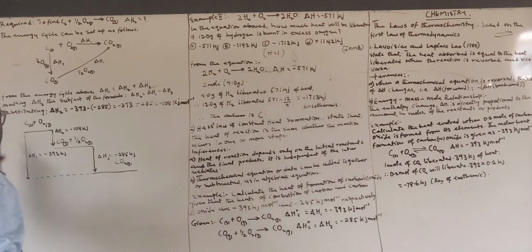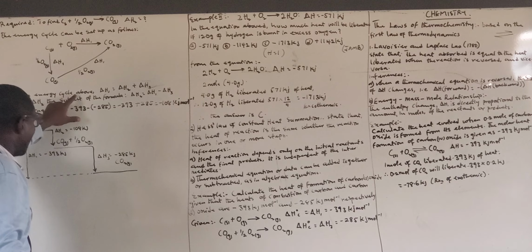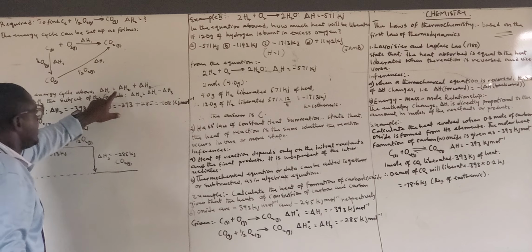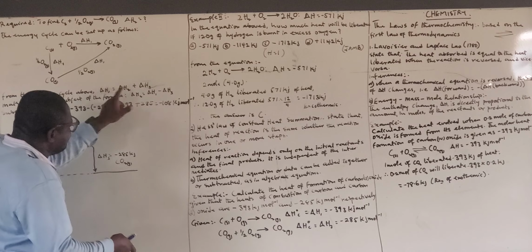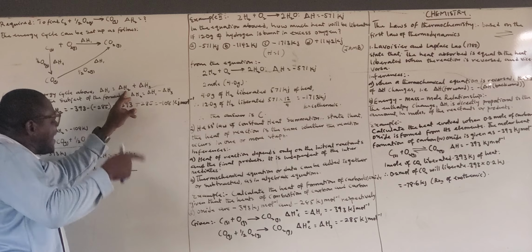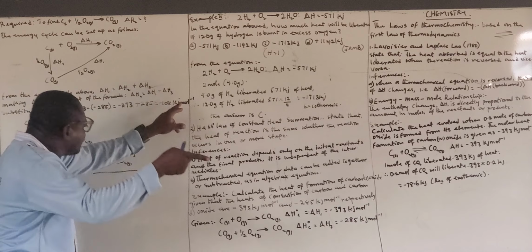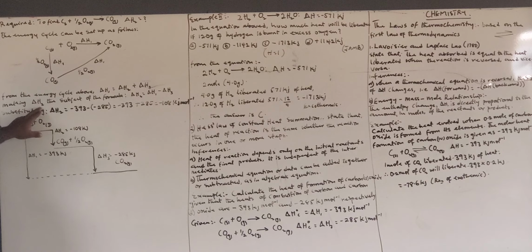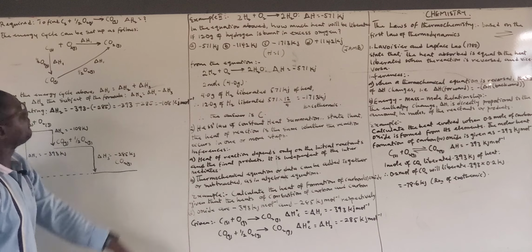So therefore, from the energy cycle above, the energy change 1 is equal to energy change 2 plus energy change 3. Make energy change 2 the subject of the formula.